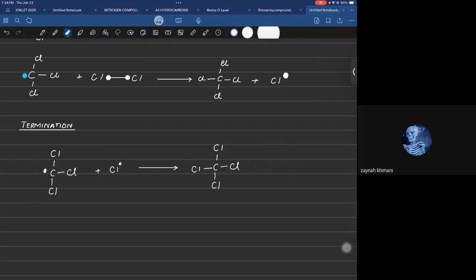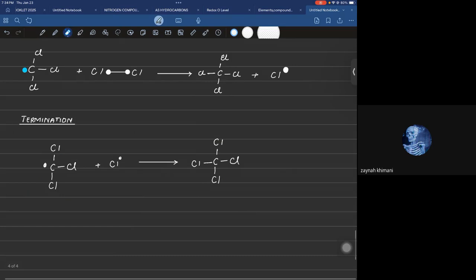The radical has been terminated because it has an unpaired electron. Once they make a bond with each other, their electrons get paired. When the electrons are paired, the reaction is finished. Khatam. Once you have terminated the radicals, you cannot expect that this reaction would continue with the remaining methane molecules.